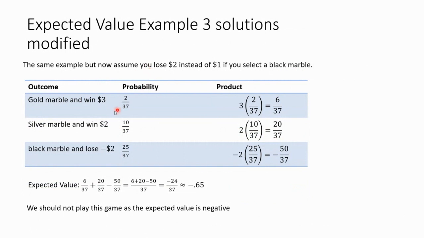What about the expected value now? Well, the only thing that's really different in the table is the bottom row. We're not changing how many marbles there are. So instead of having -1 down here, we have -2. And this product then will be -50 over 37.